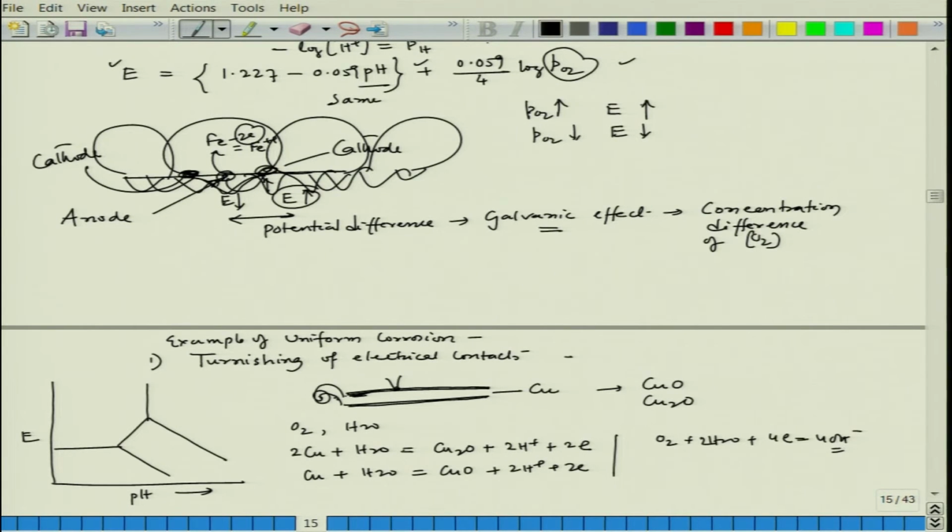The OH minus can also be converted into pH, okay, H plus ion. So, this reaction product might give Cu2O or CuO, which is nothing but the rust of copper. This happens because if there is a possibility of that copper getting in contact with the atmosphere, then the corrosion starts, the tarnishing starts.